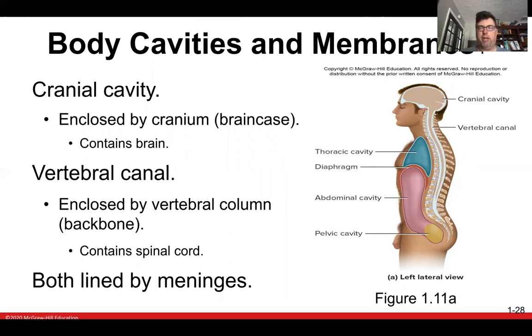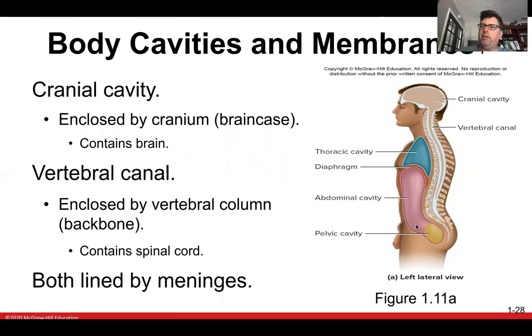And we'll talk about their names and their functions and their structures when we get to the nervous system. Notice that the cranial and the vertebral cavity are dorsal, that is towards the back, or posterior.